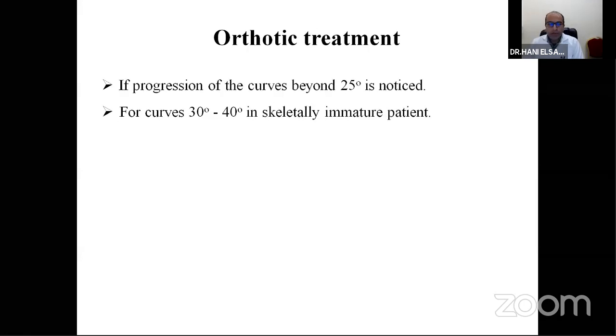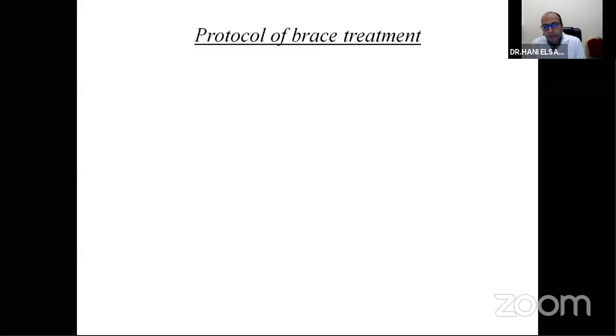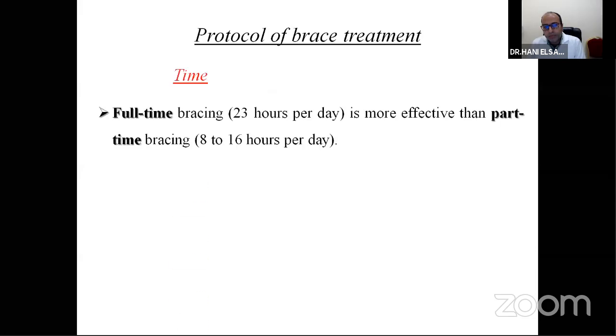Orthotic treatment is for curves between 30 and 40 degrees in a skeletally immature patient, and if the curve has progressed beyond 5 to 6 degrees every 6 months.